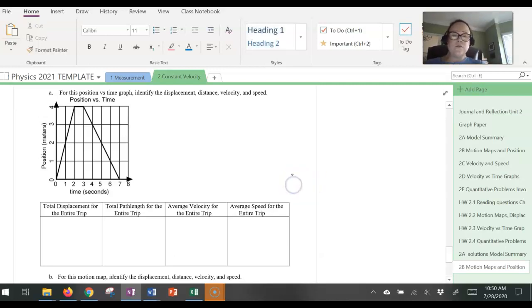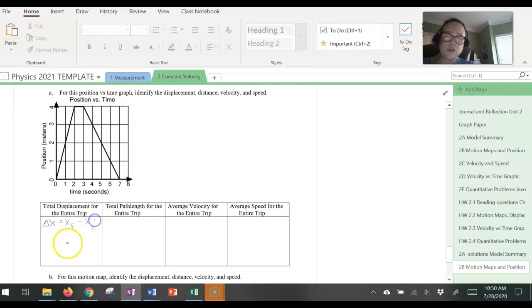Okay, so in the first situation here, we have a position versus time graph. It shows an object moving at a fast speed in the positive direction, pausing, and then moving at a slower speed in the negative direction. So the total displacement for the entire trip, remember that the formula for displacement is delta x equals the final position minus the initial position.